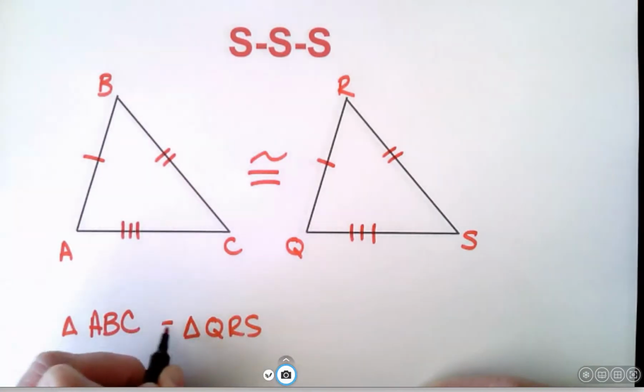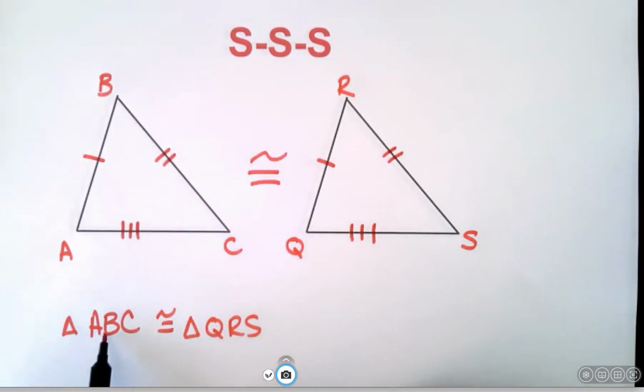Let me show you this because they have to be in the correct order. Side AB is congruent to QR, BC is congruent to RS, and AC is congruent to QS. If that is the case, then we know all these angles are equal, and by the side-side-side theorem, these triangles are congruent.